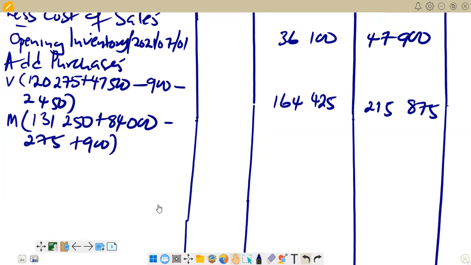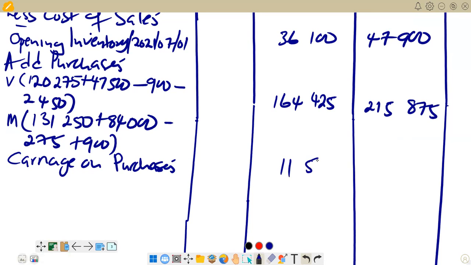Now we are on carriage on purchases: 11,500 for the vegetables department, and 7,500 for the meat department.